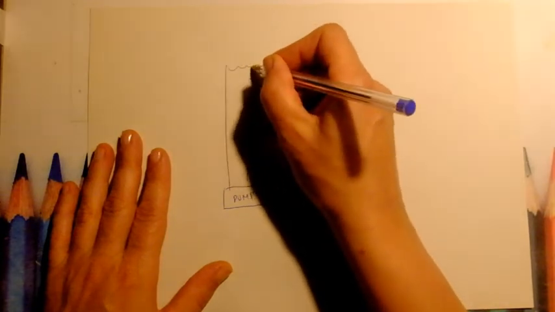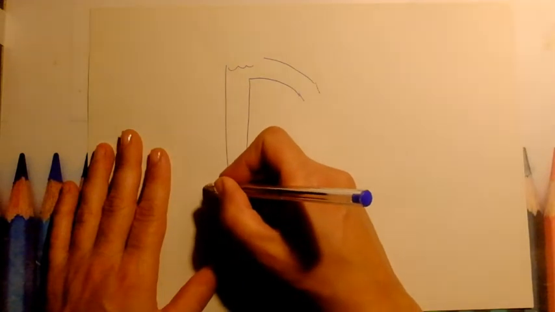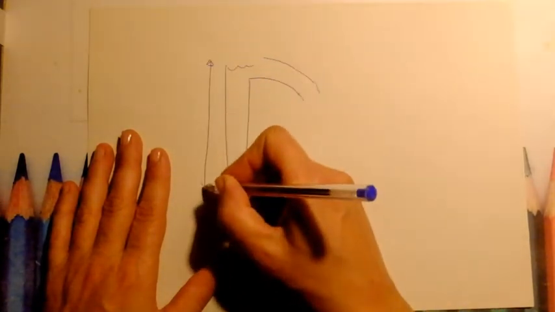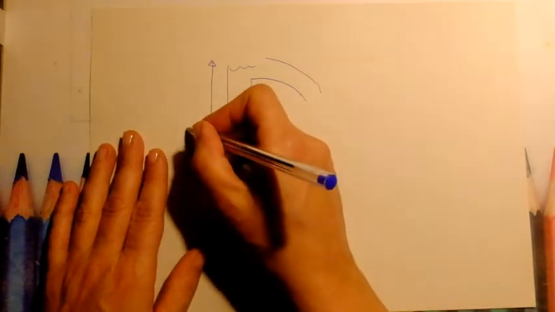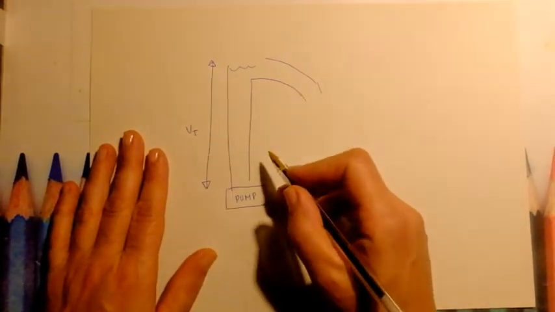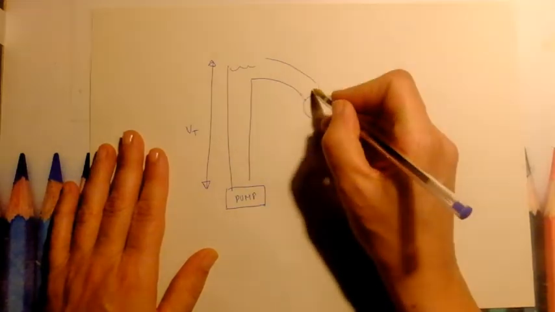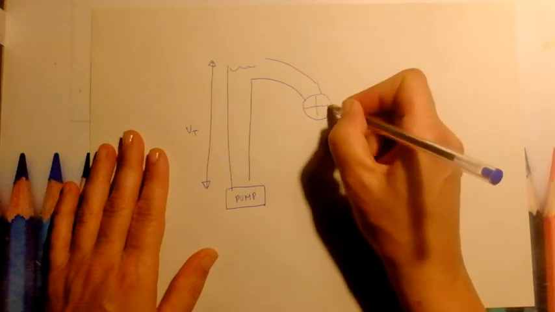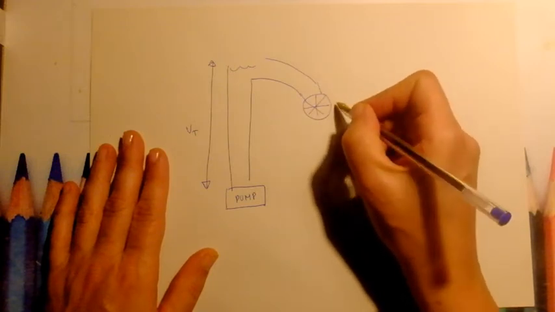In this case, remember, this battery gives energy to the water. Potential energy, given height to this water. So this height is the total voltage of the battery. And what is this potential energy for? To transform it into kinetic energy to be used in this water wheel.